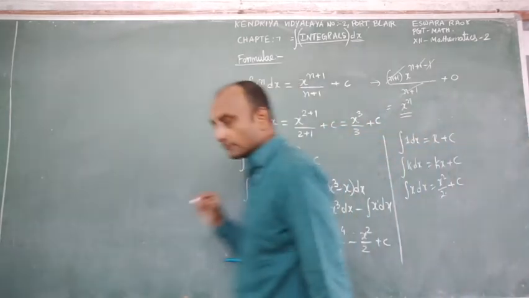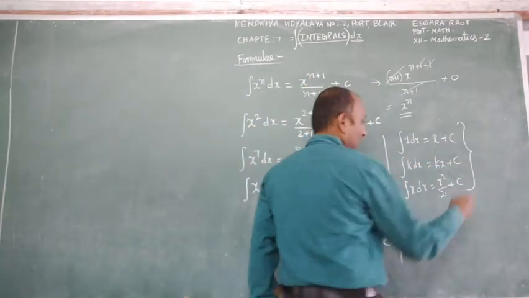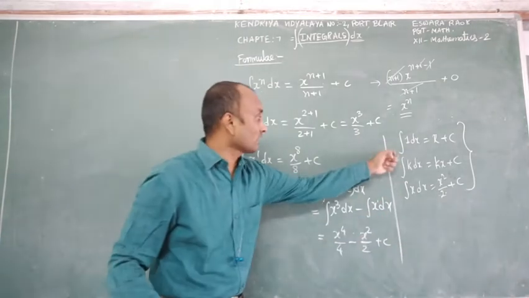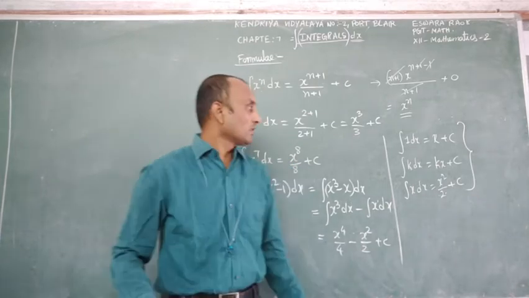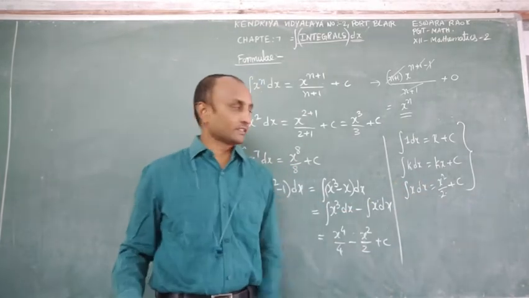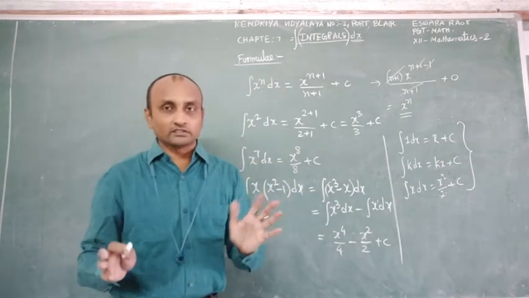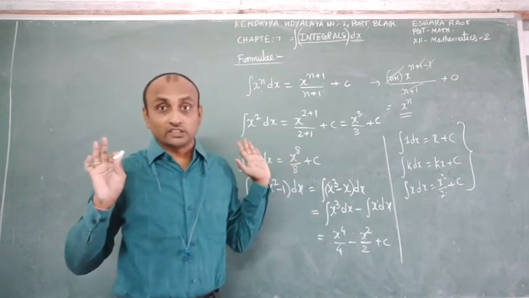So try to remember these, for quick answers we just write them as they are, without using the formulas. 1 integration is x, k integration is kx, x integration is x squared by 2. I say you should get it, and in the question you are facing, you should write the answer as it is, quickly.